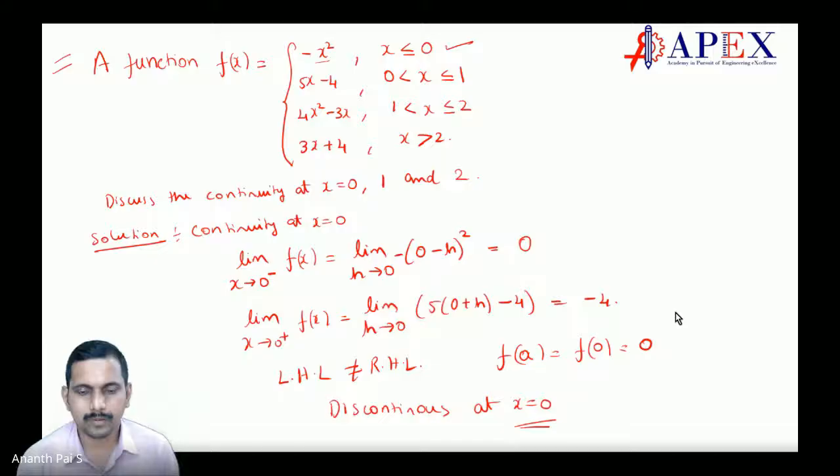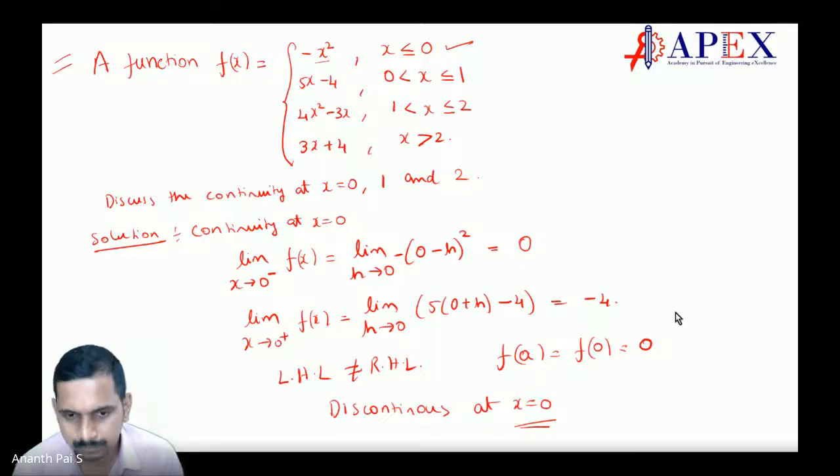Sir, when we are taking LHL and RHL, in the number line you explained, I understood. If it is LHL, and they give x extending to 0, we will take 0 minus h when substituting in place of x. Now for x equal to 1 you have to find the continuity.